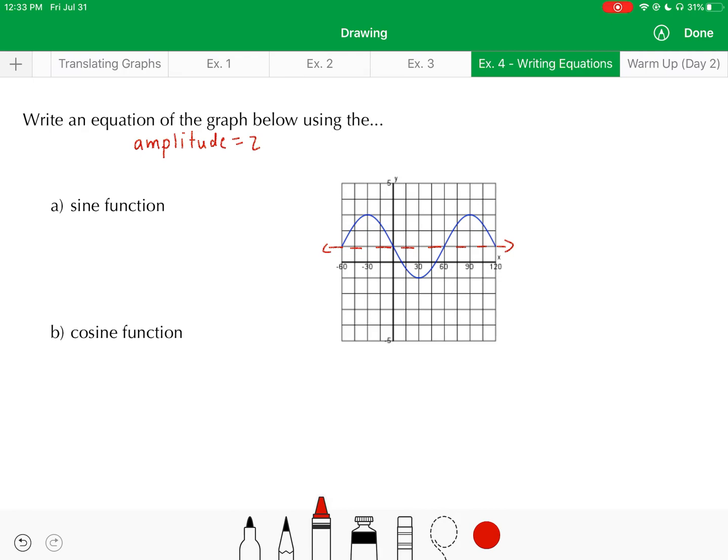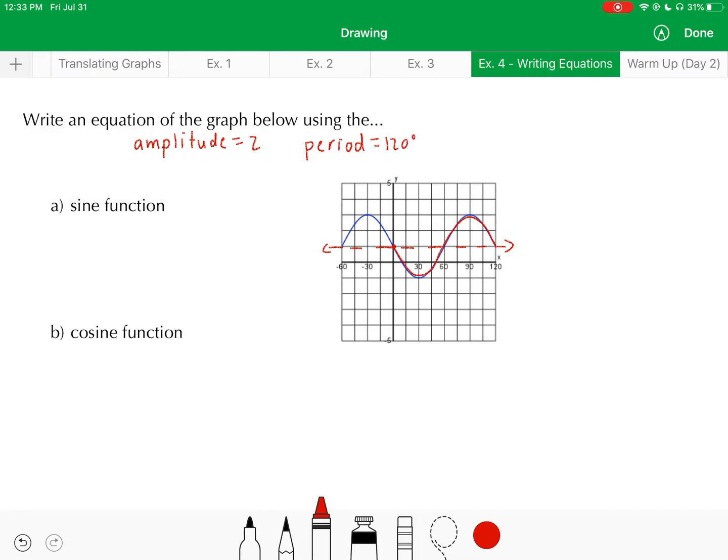And then the next thing I'll identify is the period. Notice that if I start right here on the midline and move along the curve, I'm going to get the pattern to repeat after 120 degrees. So period here is 120.